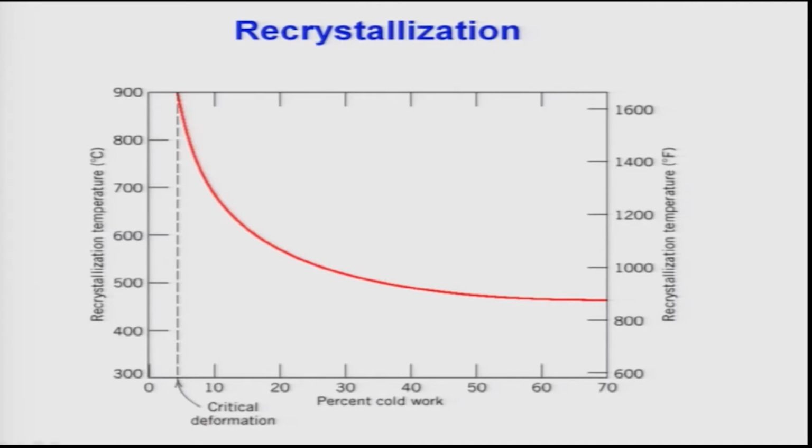As you increase the plastic work from 5 to about 30%, the temperature can go down from 900 to about 500 Celsius. So that is what we said, it varies from 1/3 to 1/2 of the melting temperature, depending on the percentage cold work. And after that, the recrystallization temperature does not change much.